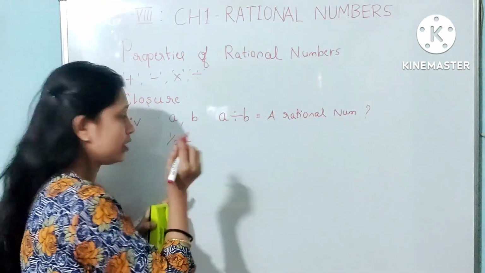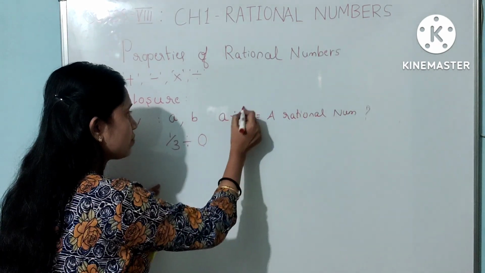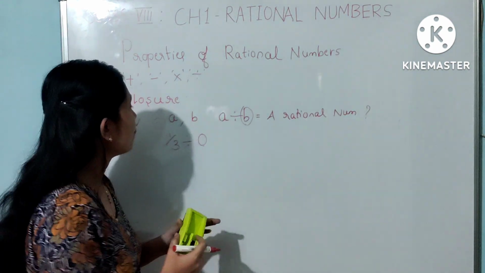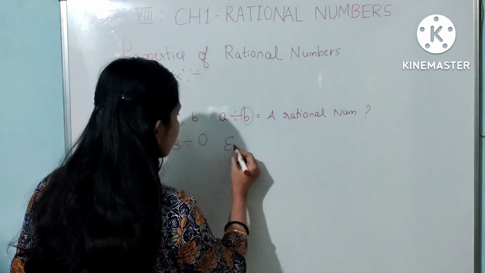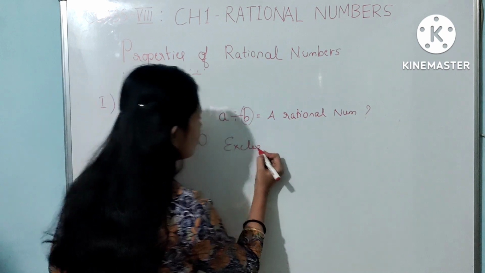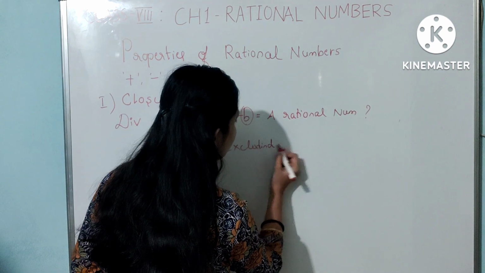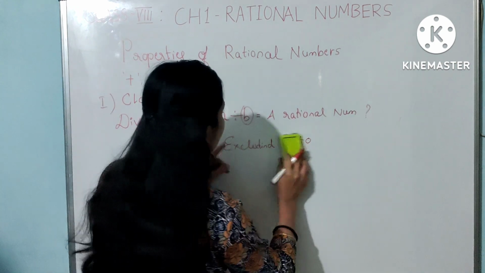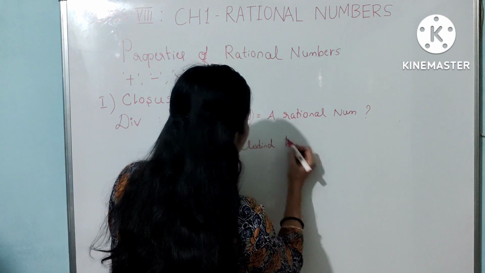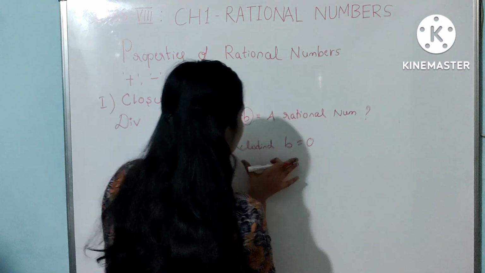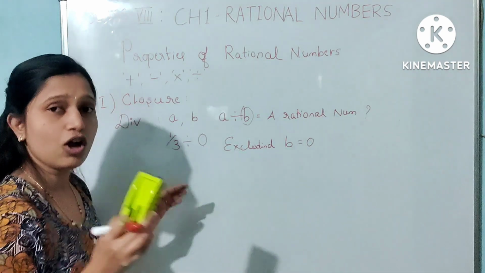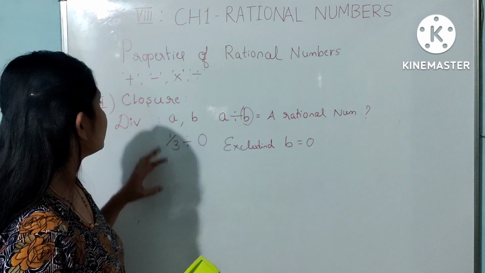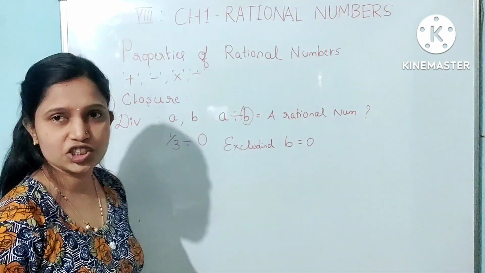If the q value is 0, if this b value is 0, then it becomes not defined. So we can say, excluding b equal to 0, the rest of the collection of rational numbers is closed under division.